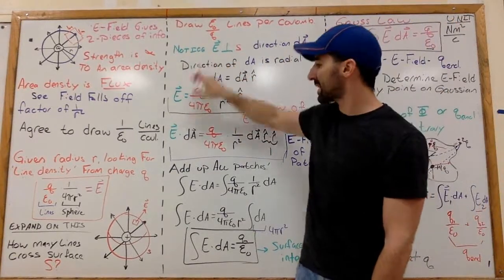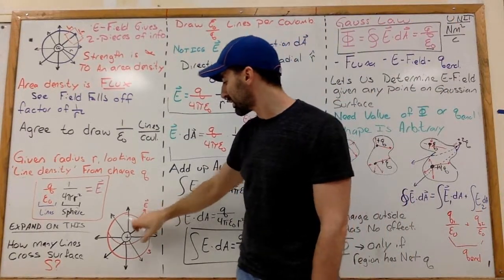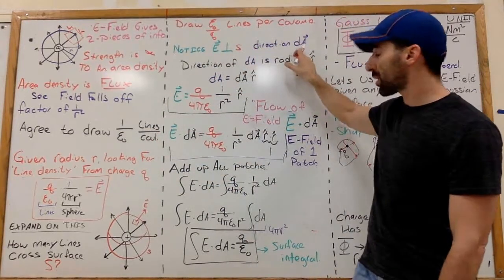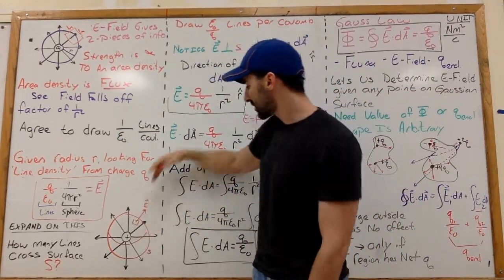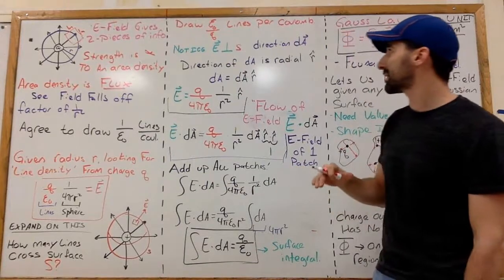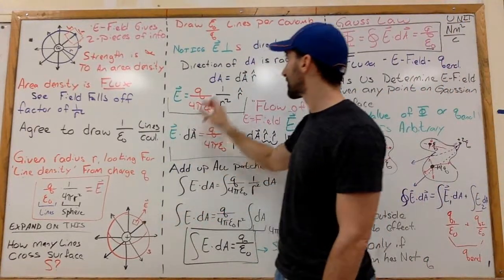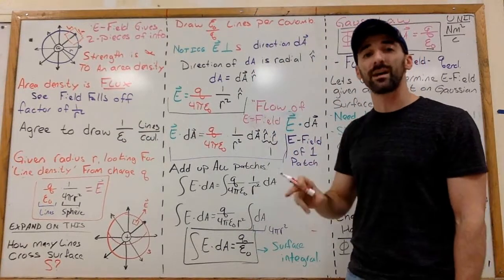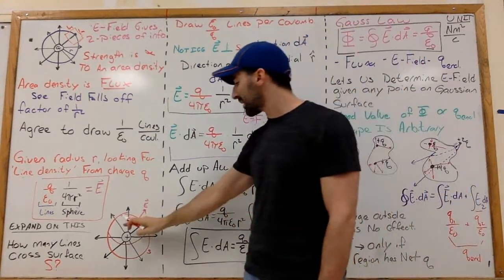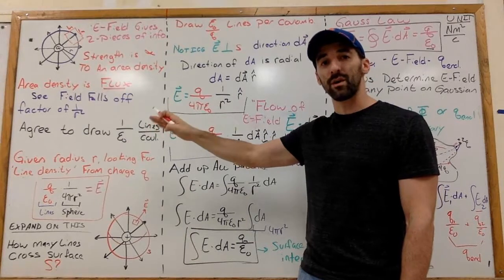We're going to notice that my electric field for this small little patch is perpendicular to my surface. So my electric field is coming up perpendicular to my surface, and it's in that radial direction. I want to define my surface just like I defined my UFO earlier.